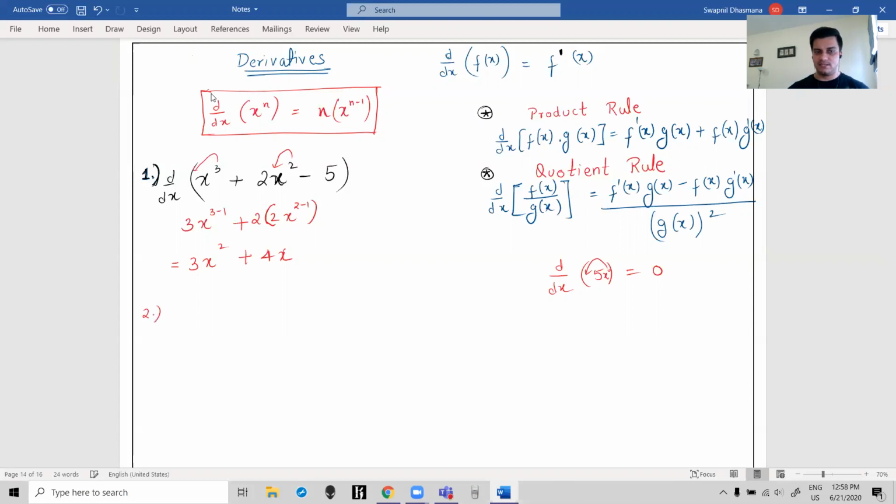Now let's have a look at another question, because you won't be showing all these steps, maybe because it's majorly MCQ on your examination online.